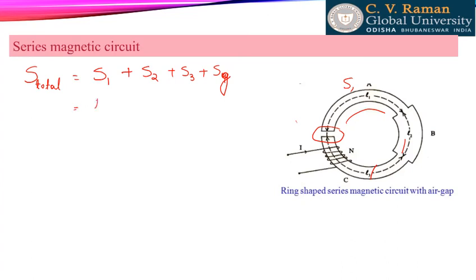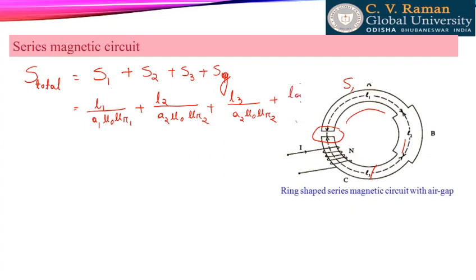And this can be written as L1 divided by A1 mu naught mu R1. This is for material 1. L2 is the length of material 2, with area of cross section A2, mu naught mu R2, plus L3 divided by A3 mu naught mu R3, plus the air gap.